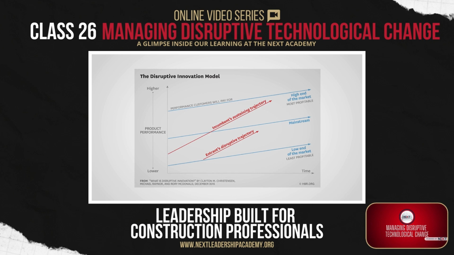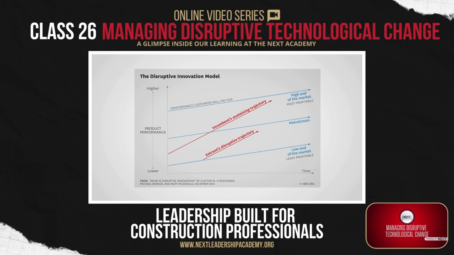His insight was to recognize that over a period of time, this disruptive innovation process was occurring in which the incumbent sustaining trajectory failed to recognize new entrants into the market. What was really interesting is that in his analysis of all of these companies, the disruptive trajectory starts lower than the needs of the mainstream market.